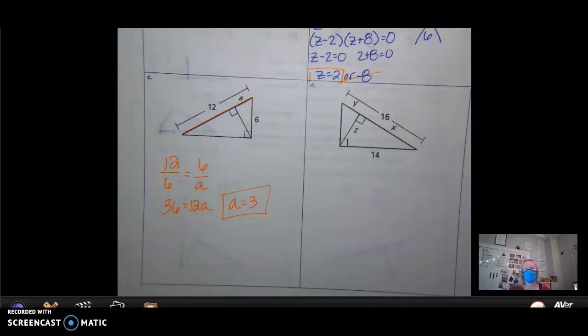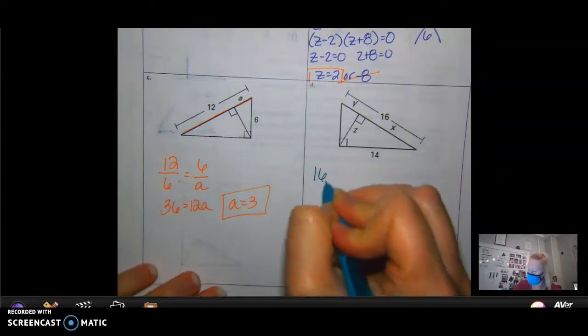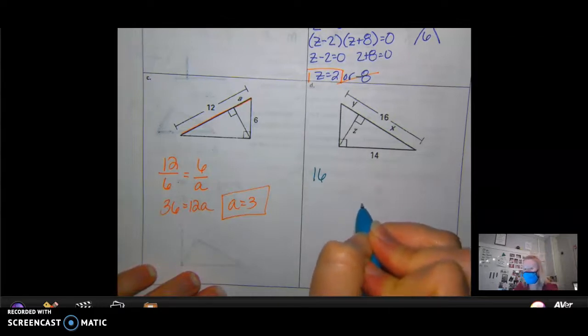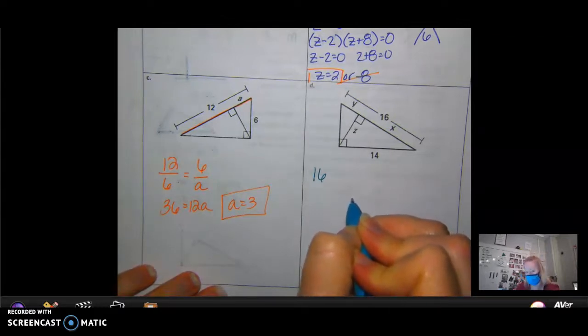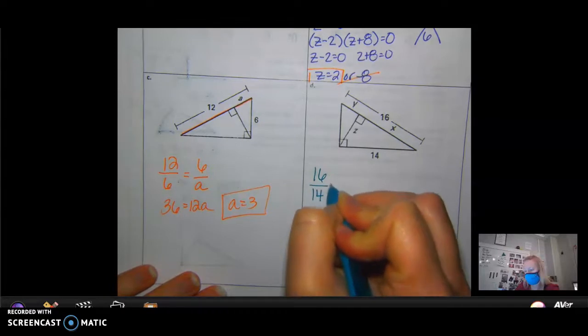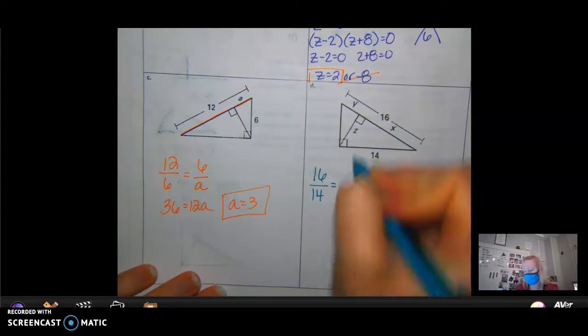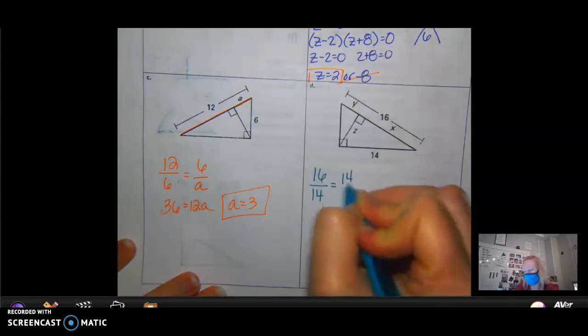So if I solve for z, I would have to do something like y over z equals z over x. We have to solve for x first. How am I going to set up solving for x? 16 over 14 equals, there we go, 14 over x.